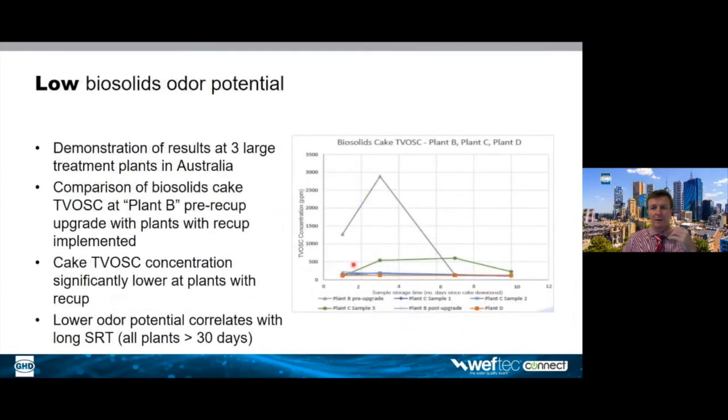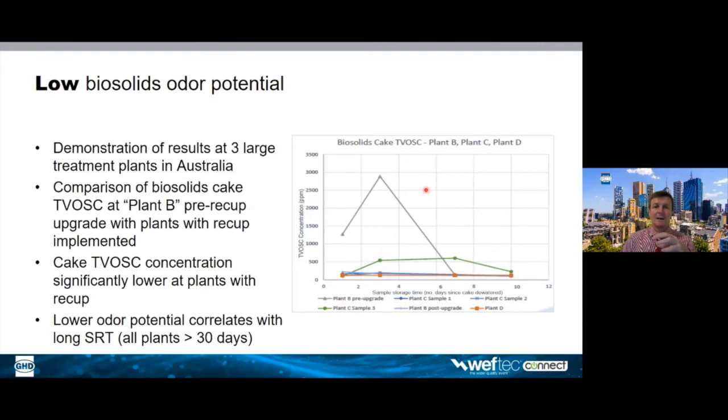Finally, one of the other benefits that recuperative thickening can provide, and this benefit is really provided via the increase in SRT that can be achieved, is a significant reduction and a very stable outcome in terms of biosolids cake odour potential.